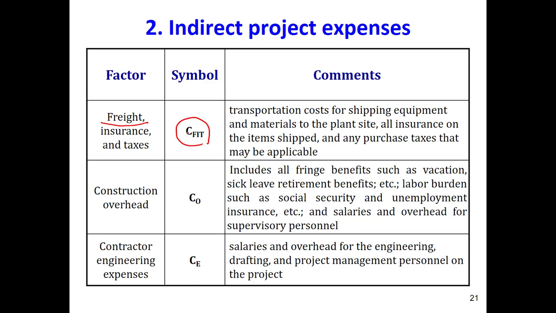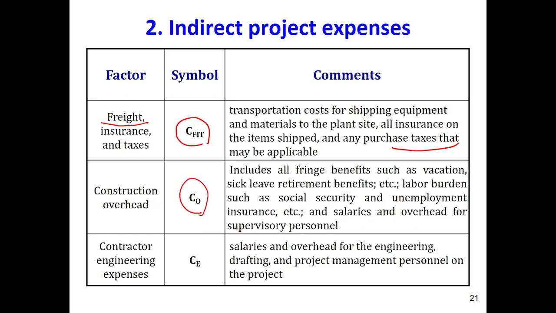This is considered an indirect cost, which is the cost related to transportation, shipping of the material from the manufacturer to the plant site, insurance that you need to pay for the equipment to ship it, because when you are shipping something there are expenses with it, and any purchase tax that might be applied. There are always taxes when you buy something from other countries.